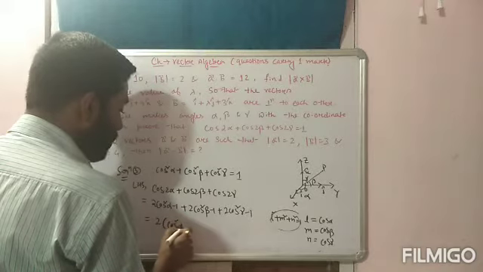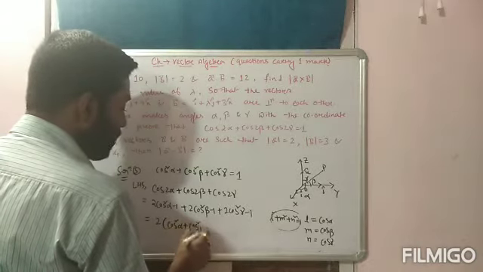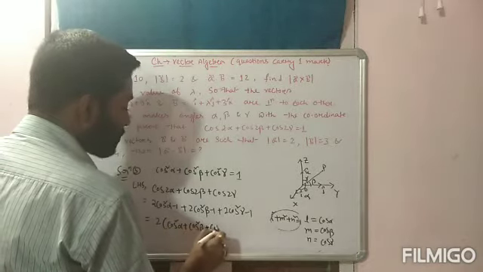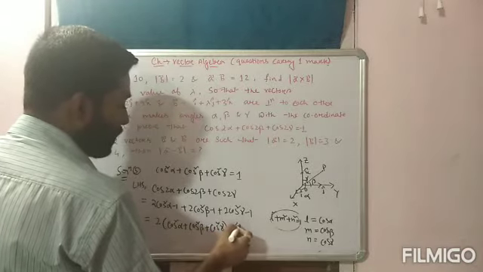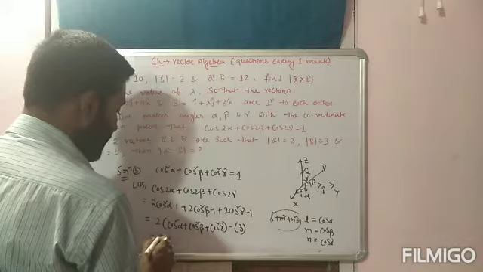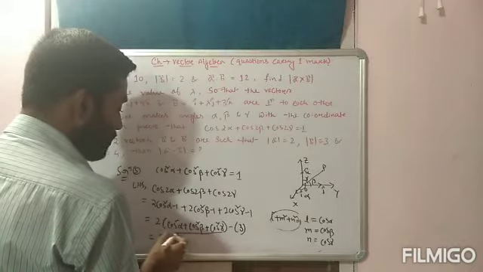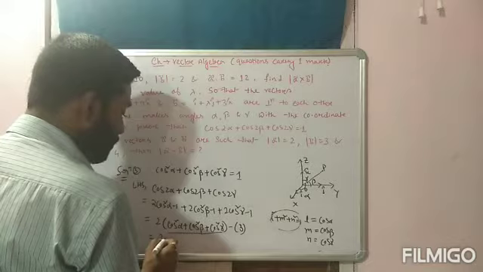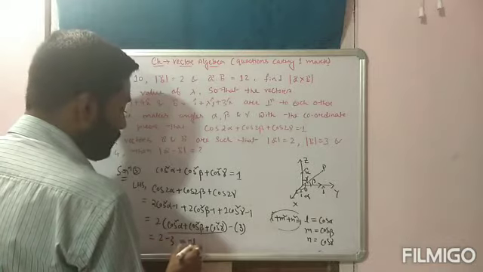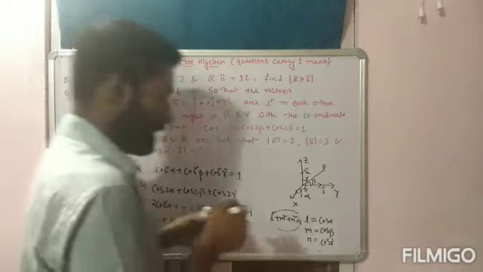So this will be cos square alpha plus cos square beta plus cos square gamma. Take minus common, 1 plus 1 plus 1, that is 3. 2 into, now cos square alpha plus cos square beta plus cos square gamma is equal to 1. 2 into 1, that is 2, minus 3, this is equal to minus 1, which is the right hand side part.